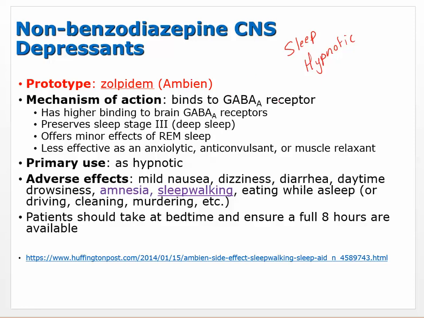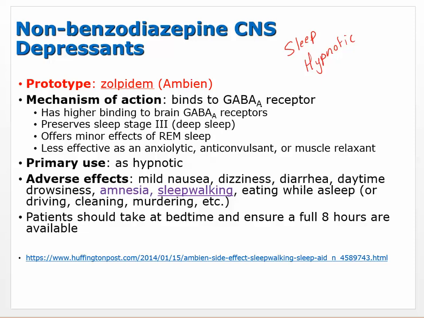It binds to the GABA A receptor, but it does so a little differently, and it binds to different receptors in the brain and has a slightly different effect than the benzodiazepines. This is zolpidem, or Ambien, and a lot of us have heard of Ambien as a sleep-inducing drug.